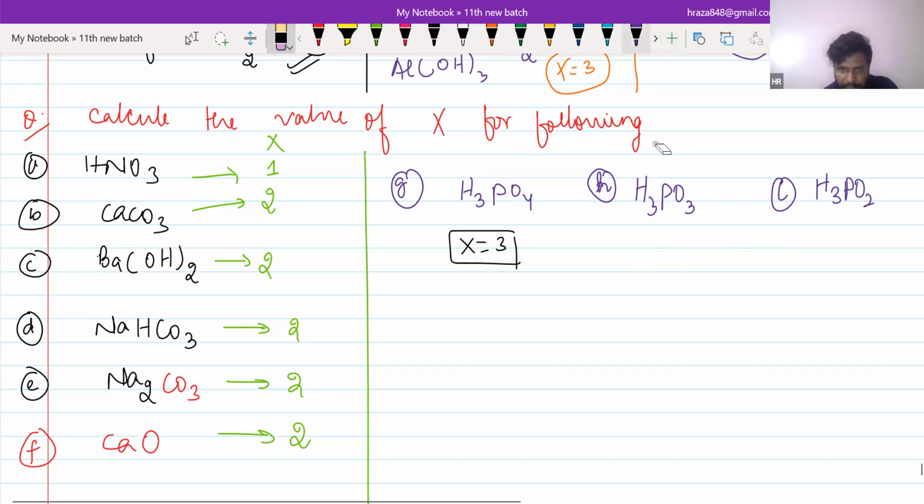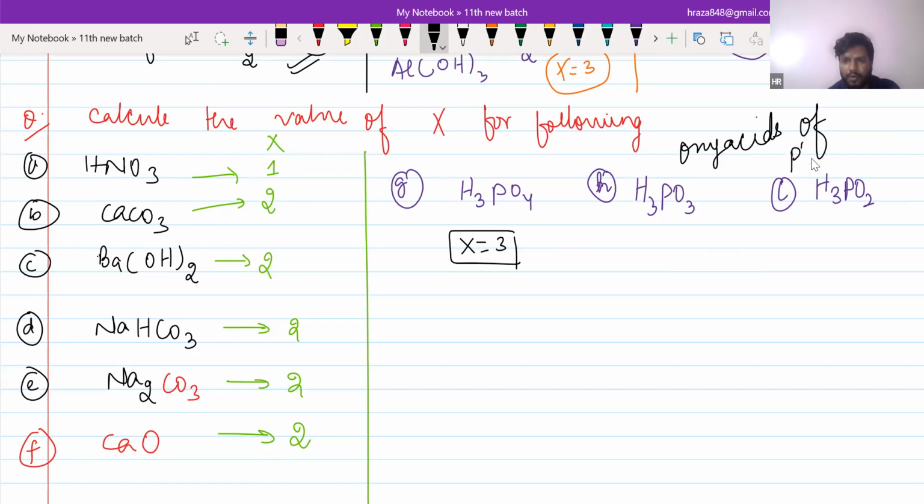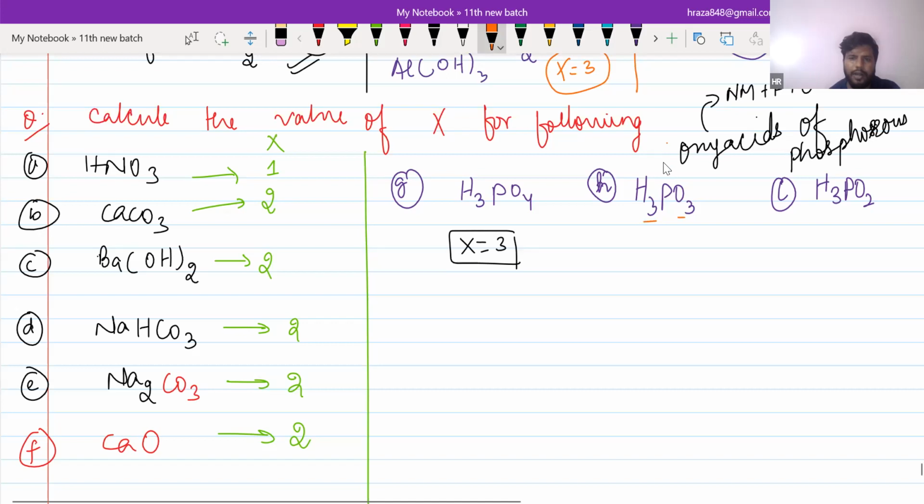See, these are all oxyacids of phosphorus. What are oxyacids? Basically, oxyacids have a non-metal, hydrogen and oxygen. Whatever the non-metal is, that is called the oxyacid of that non-metal.